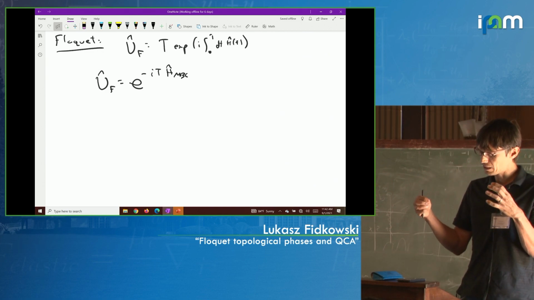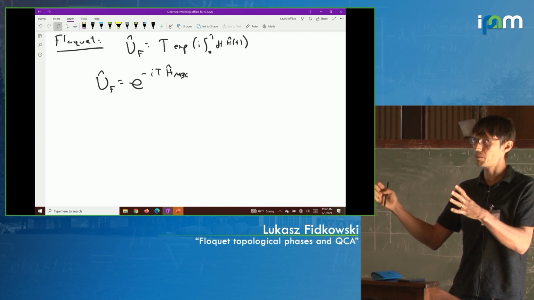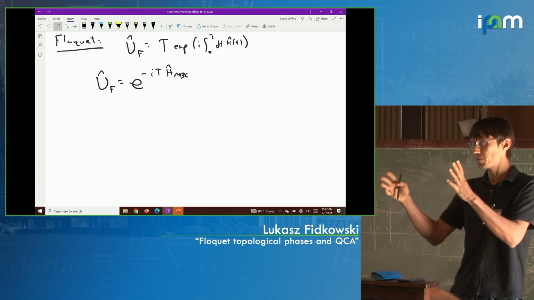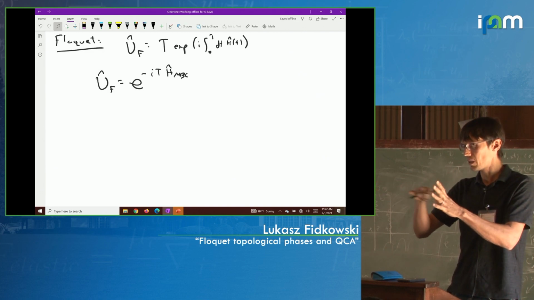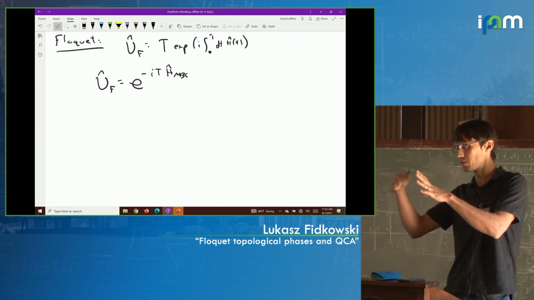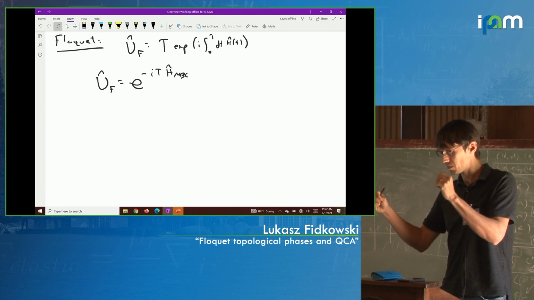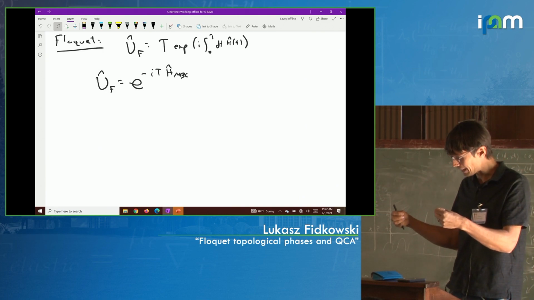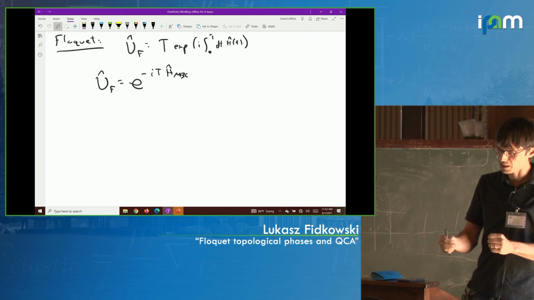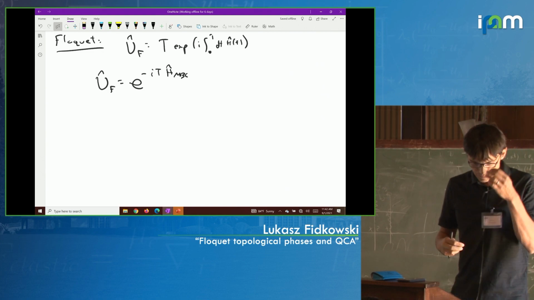It's very analogous to the gap property in equilibrium. The gap is somehow the thing that protects the topological order in the ground state. You put on a perturbation, as long as the gap remains, you're in the same phase. The MBL property kind of plays the same role here.